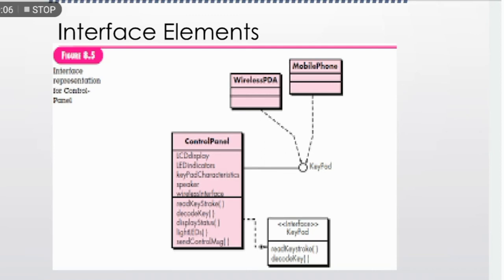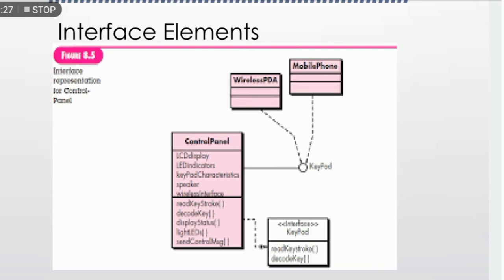And the next classes are wireless PDA and mobile phone. So here the main thing is what the interface element is. I would say it is like an interface between the student and the teacher, that is, the teacher teaches the student, or the student is learning from the teacher. So this is the interface between the teacher and the student.